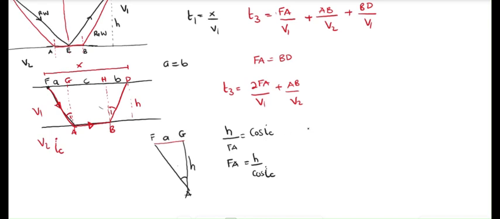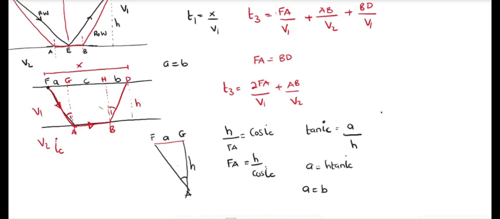So I can see that tan of the critical angle of incidence is equal to opposite, that is A, over the adjacent, h. And so A is going to be h tan i c. Now I said that A is equal to B, right?